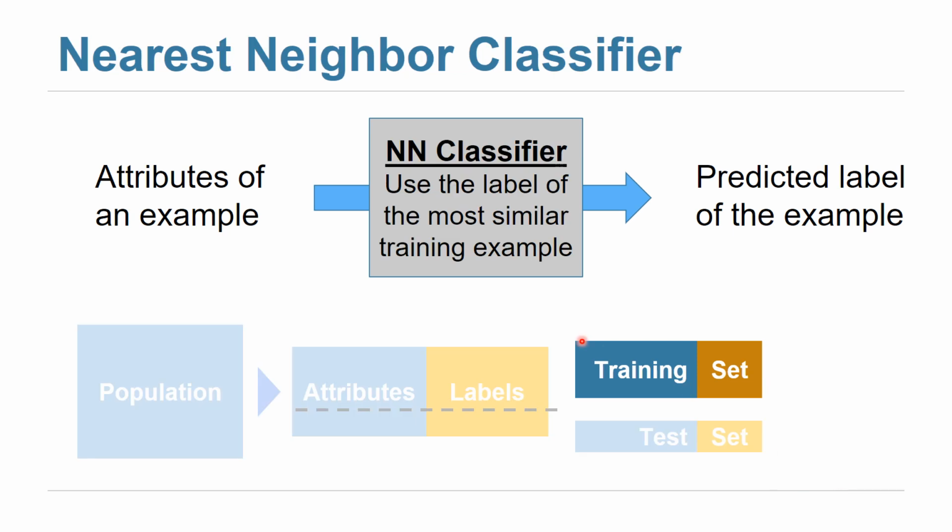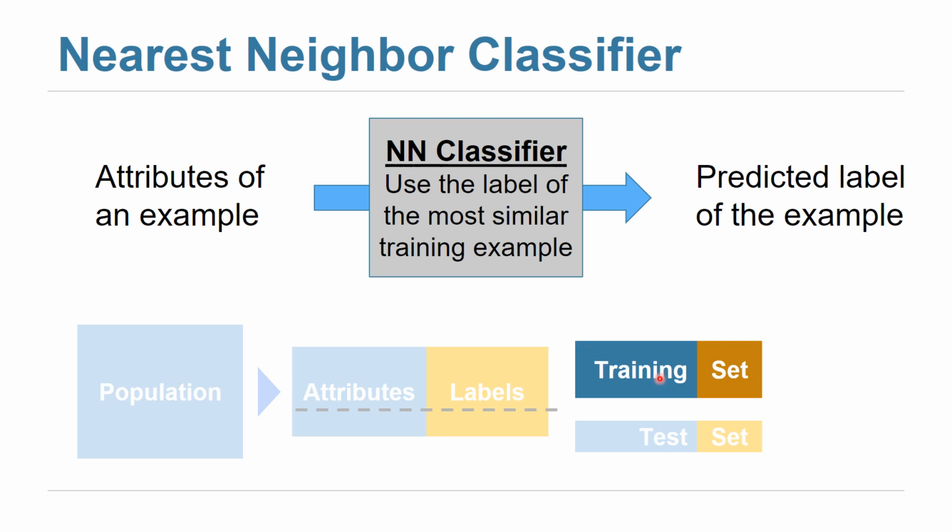Now the example classifier that we will study in this session is called the nearest neighbor classifier. And the idea of the nearest neighbor classifier is very easy. So what is the idea? The idea is that given an example that we want to predict the label for, we will try to find in the training data the most similar example to the given example.